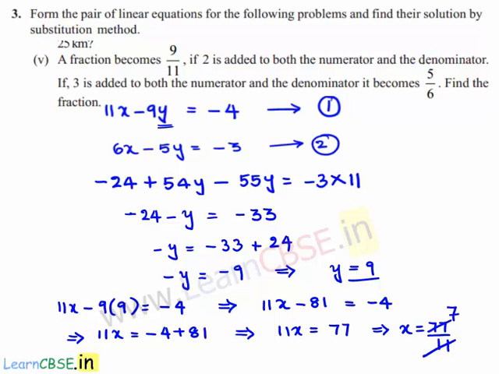Therefore, we found the value of x as 7, and the value of y is 9. Hence the required fraction is equal to x by y, which is nothing but 7 by 9. The required fraction is 7 by 9.